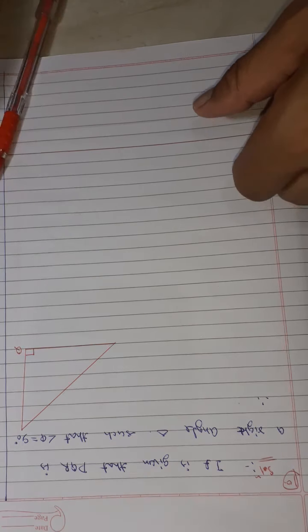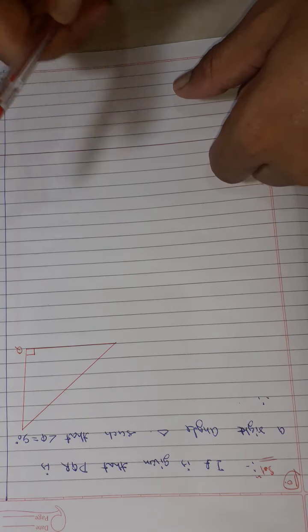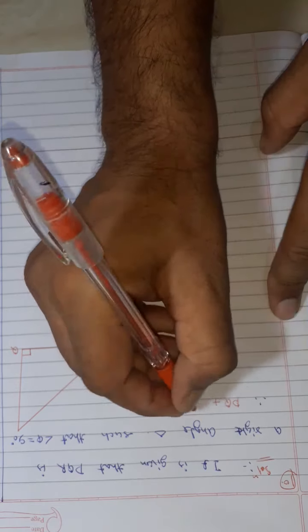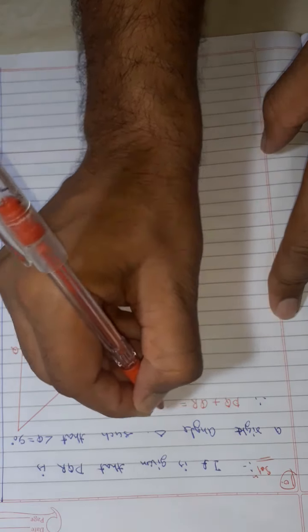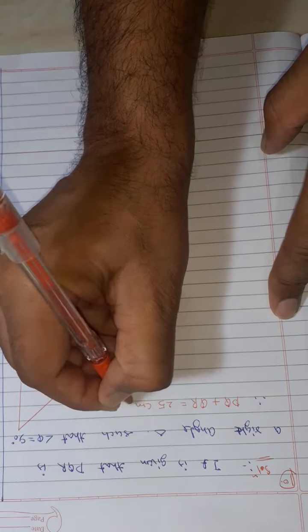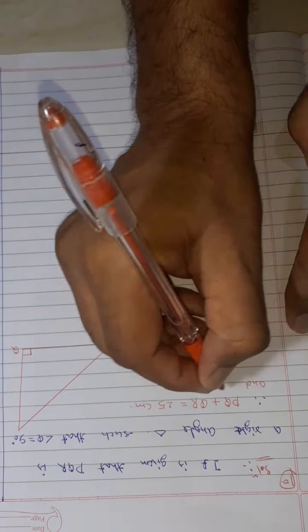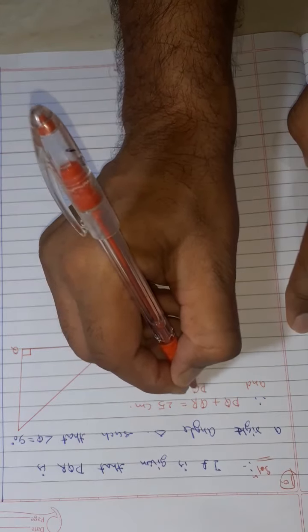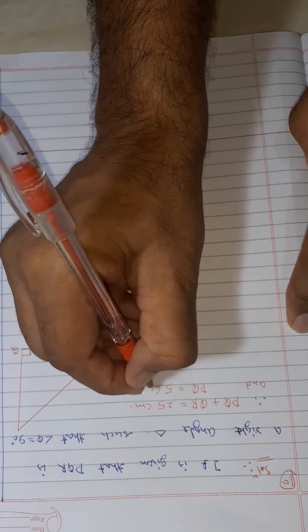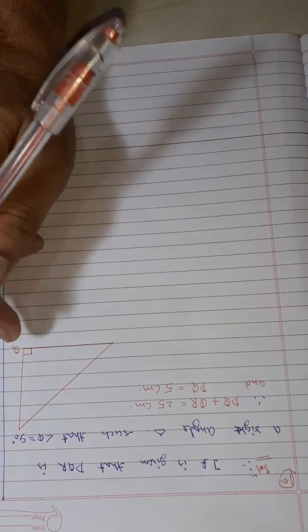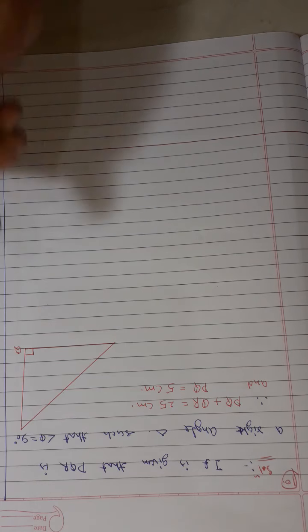Now what was given in the question? PQ plus QR is equal to 25 centimeter, and PQ is equal to 5 centimeter.